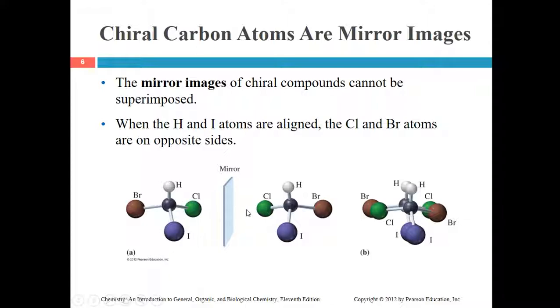So they're mirror images, but when we try to superimpose them, they are not superimposable, which means they're not going to fit into the same receptor site, which means they're going to act differently. So this molecule in the back will act differently than this molecule in the front.